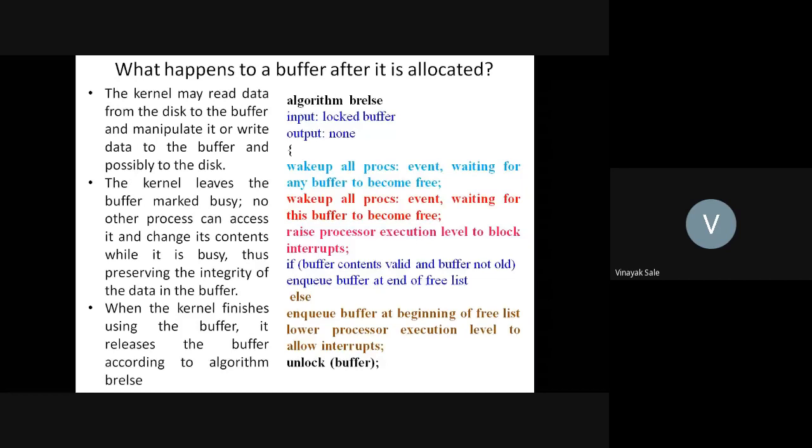If the buffer contains valid data and is not old, then enqueue the buffer at the end of the free list. Otherwise, enqueue the buffer at the beginning of the free list, and unlock the buffer.